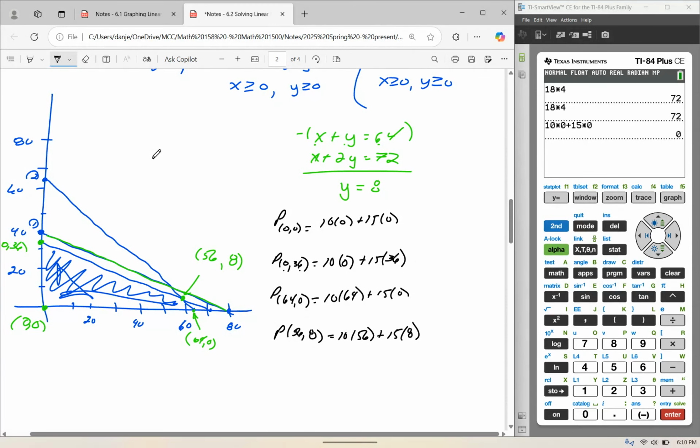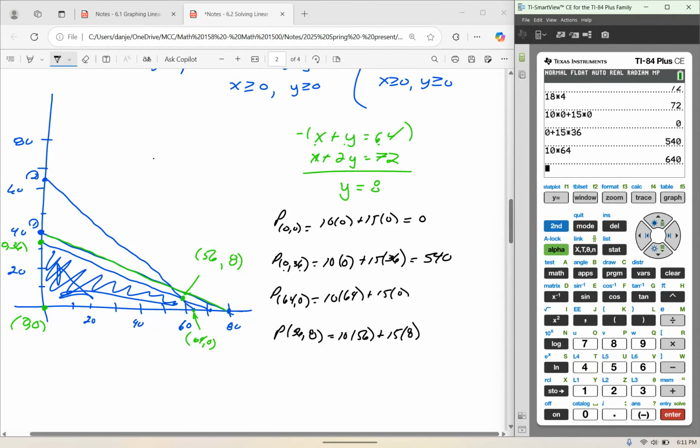That's going to be 0. Then we have 10 times 0 plus 15 times 36. We have 540. 10 times 64 plus 15 times 0 is going to be 640. And then we have 10 times 56 plus 15 times 8 is 680. 680 is the maximum.